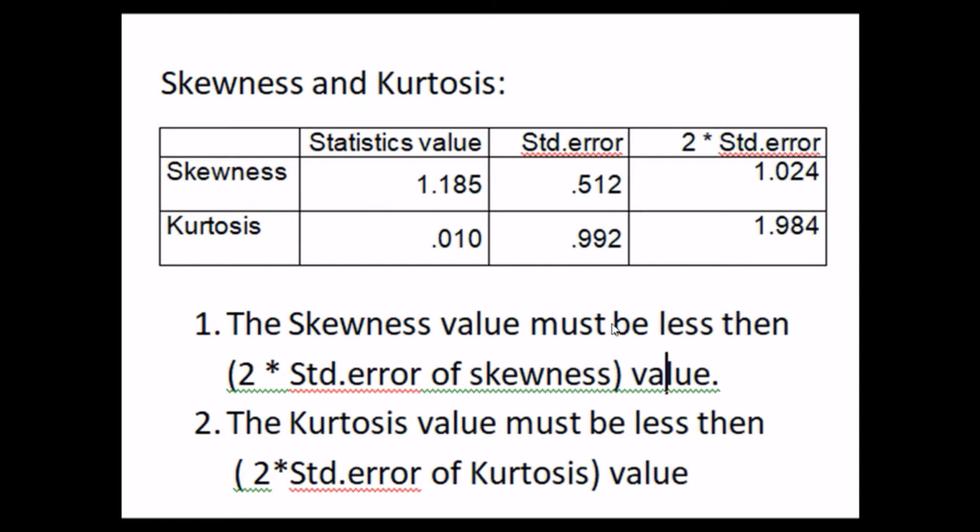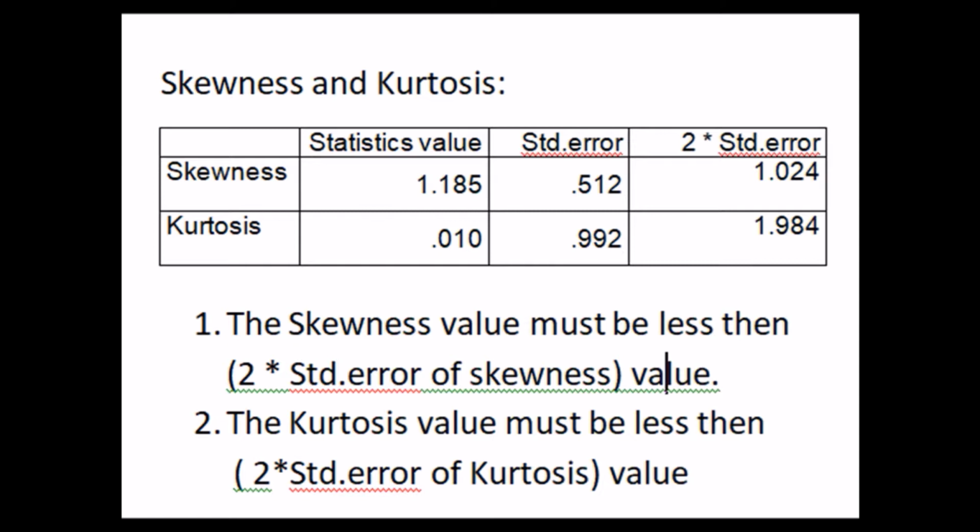The skewness value must be less than 2 times the standard error of skewness, and the kurtosis value must be less than 2 times the standard error of kurtosis. This shows whether the histogram is skewed or not, and whether it has kurtosis or not.